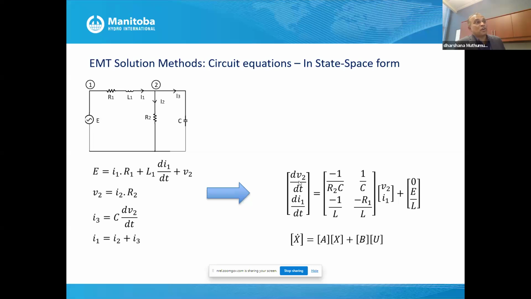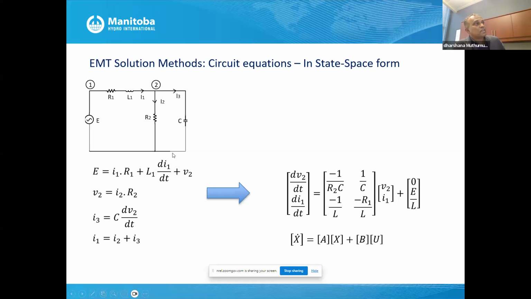Of course, we will also be connecting dynamic devices like inverters and synchronous machines, and they have to come into the equation as well. But the important point to note from our perspective, more so than the detailed models of dynamic devices of, say, IBRs, is the solution method of the network itself.